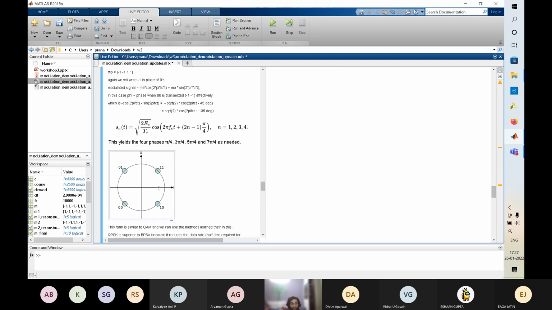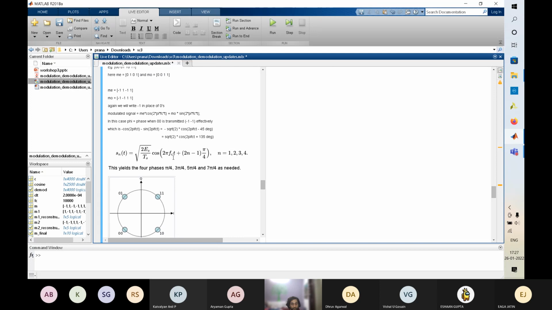So if I showed you the constellation diagram, it will look like this, and all the points will lie on the circle. This is the equation that I was telling, cos(2πfct + π/4), 2π/4, 3π/4, like that. There can be a φ also.